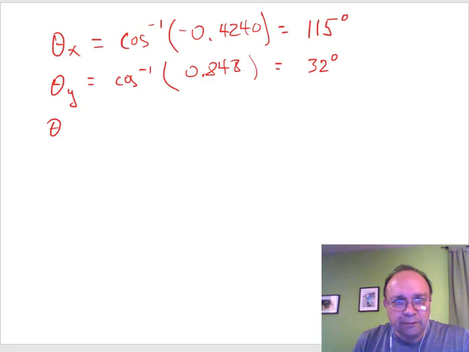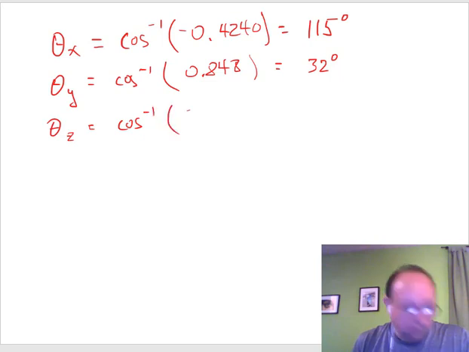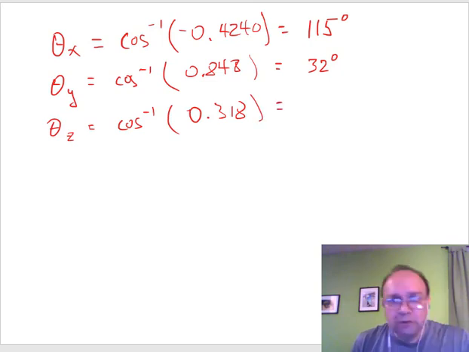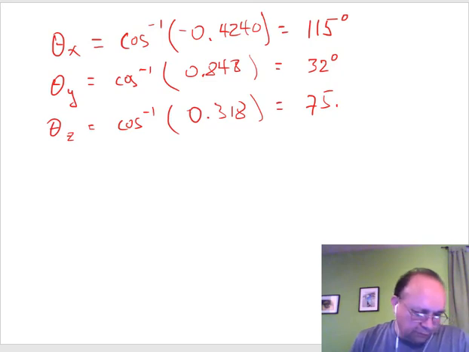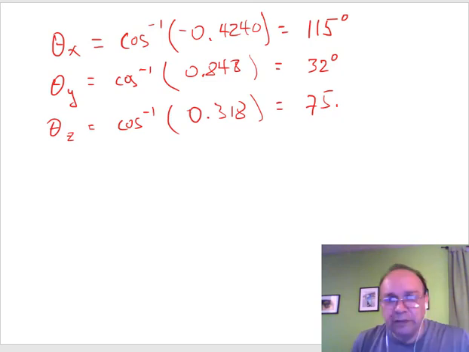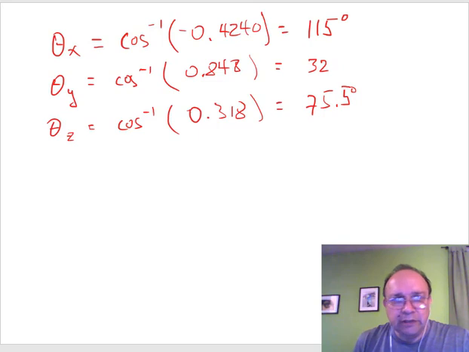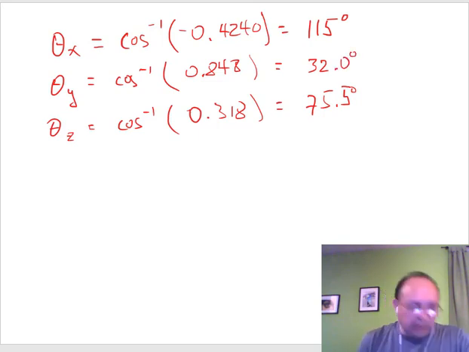And theta z will be cosine minus 1 of 0.318, equals 75.5 degrees. This one here with three digits will be 32.0 degrees.